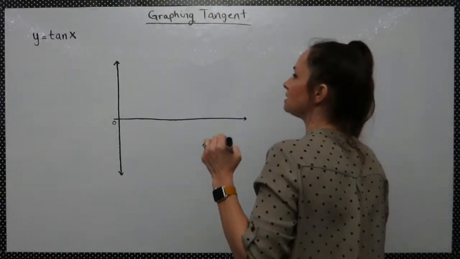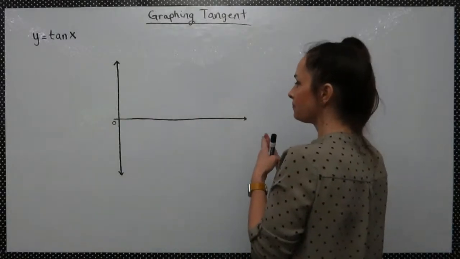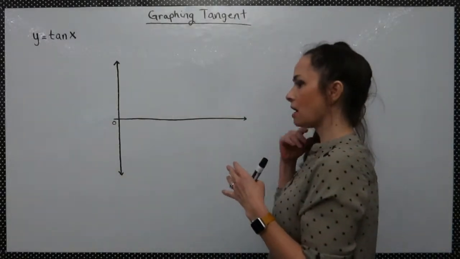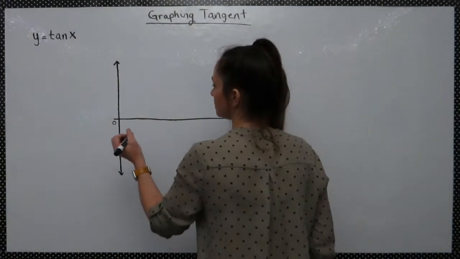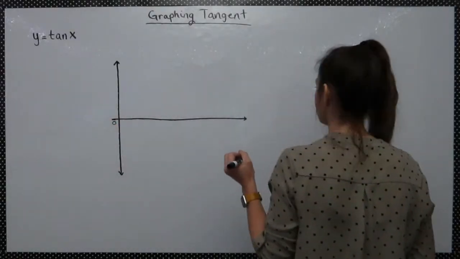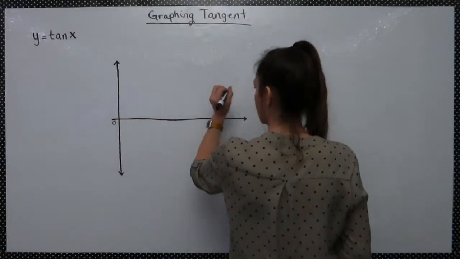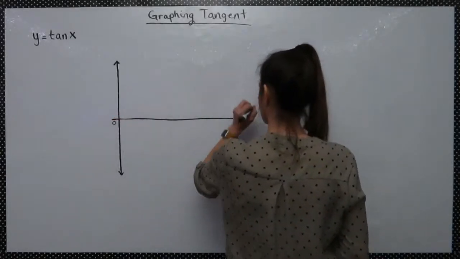And the reason why I did that was because I wanted to sketch one complete cycle of the graph. They're called periods. One complete cycle of the graph where we started here at 0 at the origin, and we ended up back at 2 pi.